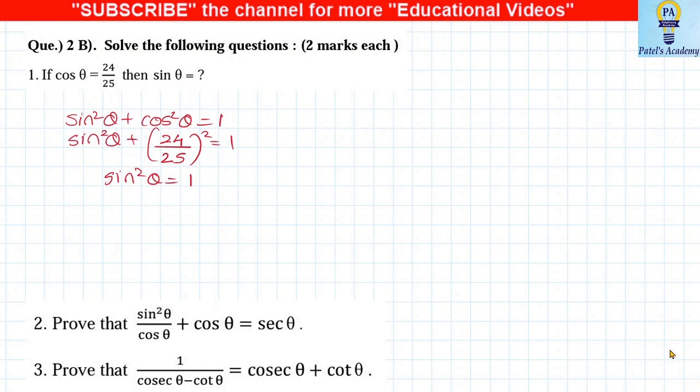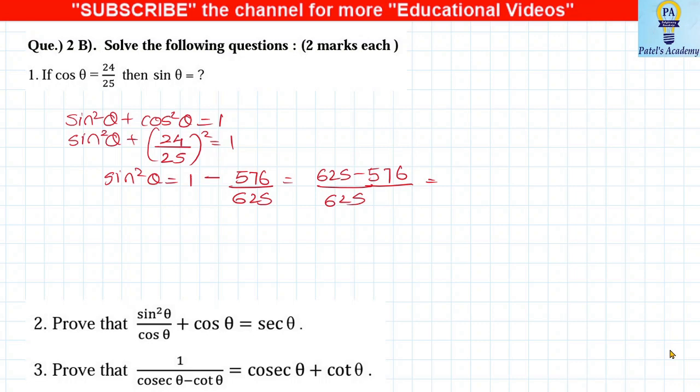Sin square theta is, what I'm doing, students, is squaring and shifting to the right hand side. So the square of 24 is 576. We are doing the LCM, what we'll get is 625 minus 576.